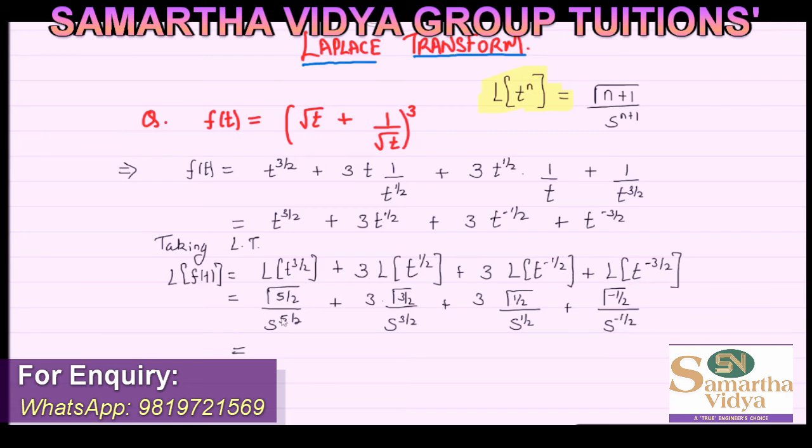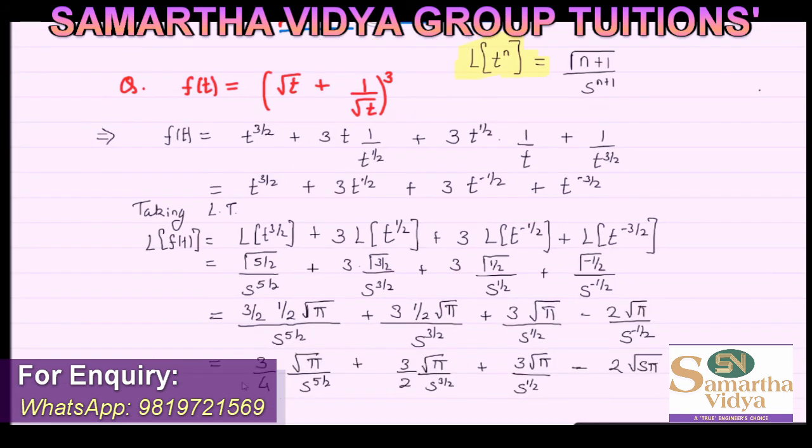If we solve this gamma 5 by 2, it's going to be leading us to the value which is 3 by 2 into 1 by 2 into gamma of half, which is nothing but root pi, upon s raised to 5 by 2, plus the gamma 3 by 2 is going to be 1 by 2 into root pi divided by s raised to 3 by 2, plus 3 into gamma half, which is nothing but root pi, upon s raised to half.